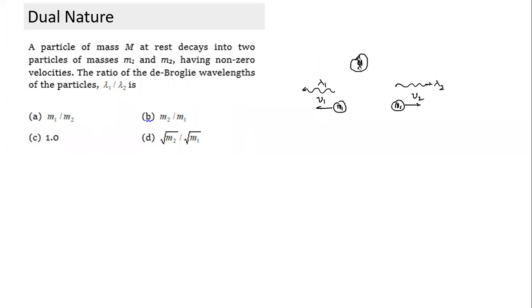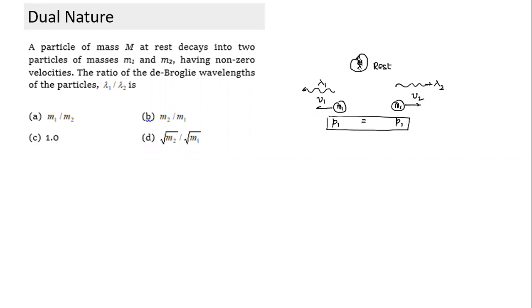The momentum will be equal and opposite. Momentums are equal, since it is given at rest. If momentums are equal and opposite, when you calculate de Broglie wavelength, it depends only on the magnitude of momentum. So whatever momentum this has, P1, this also will have momentum P1. Both momentums are equal, and I think you have done this property a number of times.